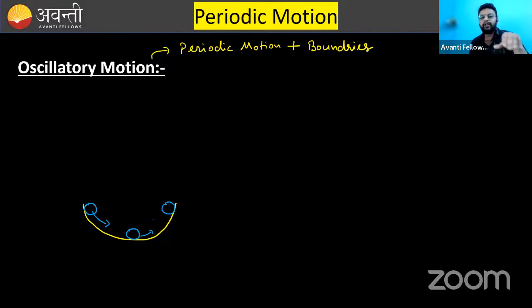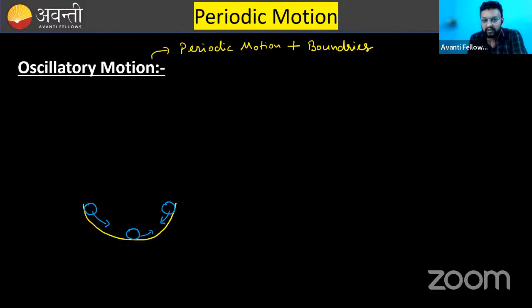Because there is no friction, the ball will reach the same height, and again it will return back. After reaching the same height, it will return back, and the motion is going to continue for a longer time, or you can say for infinite time, because I have assumed no friction. So what I'm saying is that the ball is moving to and fro.